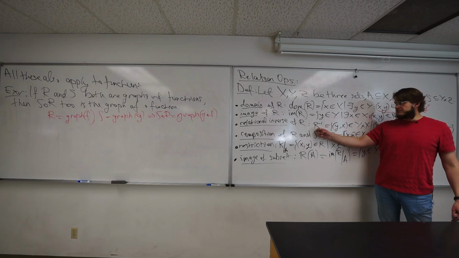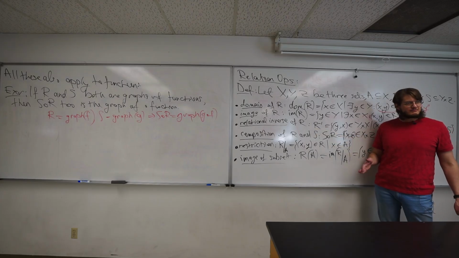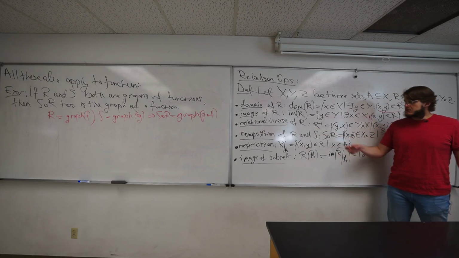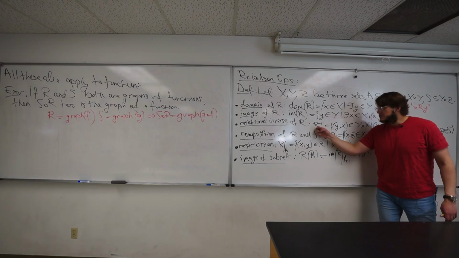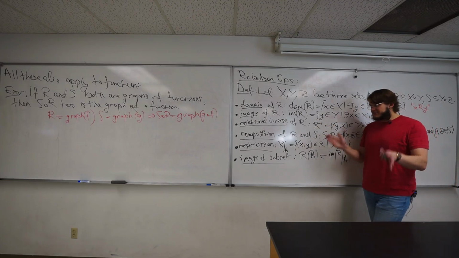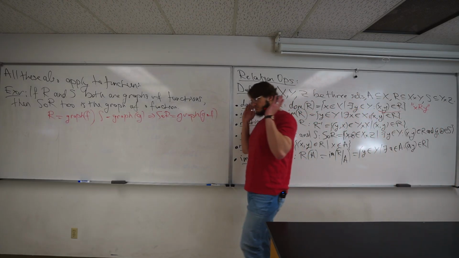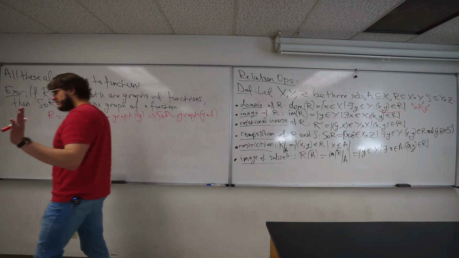Relational inverse is always defined. For any relation, r to the minus 1 is a well-defined relation. It's a well-defined object.